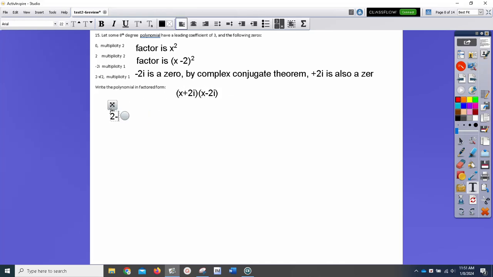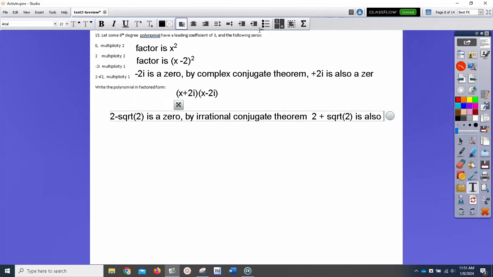Now we have 2 minus root 2 is a 0. By the irrational conjugate theorem, 2 plus root 2 is also a 0.